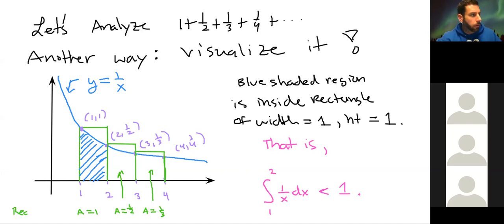Once you understand what I'm drawing, you'll see that it's quite intuitive. But you've got to get to the point where you understand what I'm drawing. So the area of the first rectangle is length times width, which is 1. The next one is width 1, height 1/2, so it's 1/2. The third one, width 1, height 1/3, so it's 1/3.